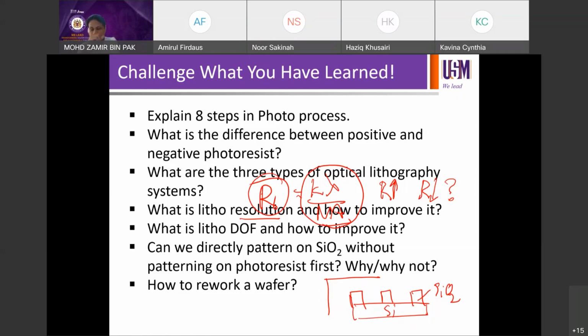Possible or not? Kavina, what do you think? Can we pattern SiO2 directly without using resist? Not sure. Okay, that's all right. Sakina?